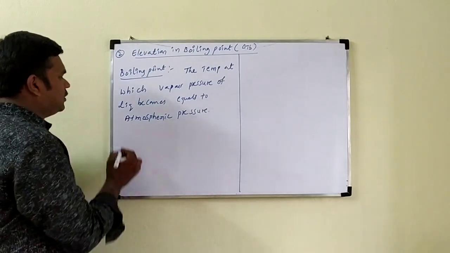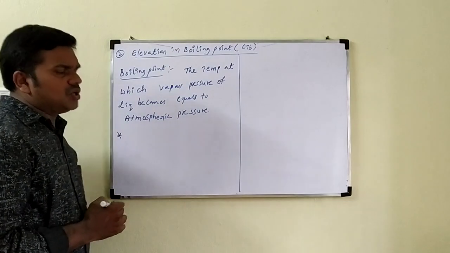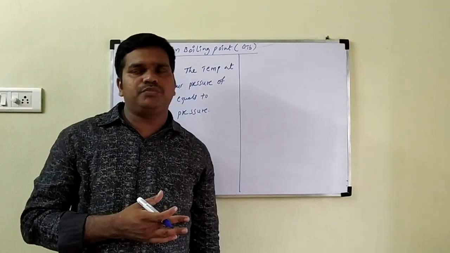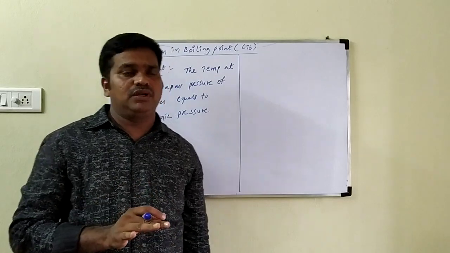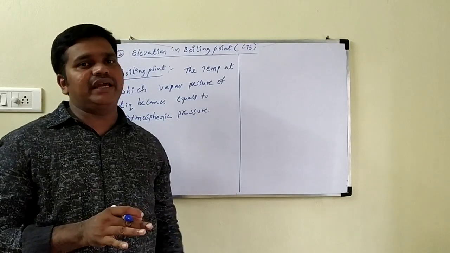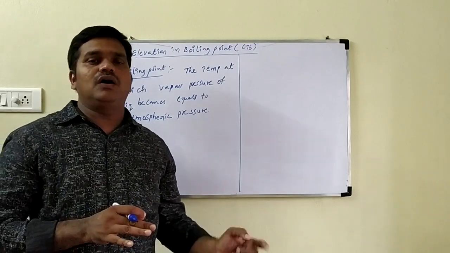Okay. So we want to add a solute to the solvent. The solute should be in the solid state only. Already we observed the changes by adding a non-volatile solute to the volatile solvent.